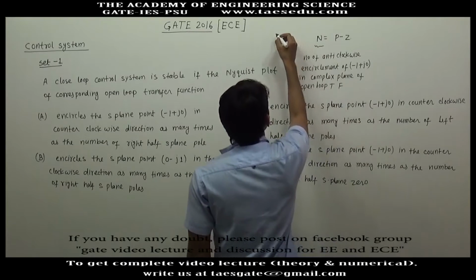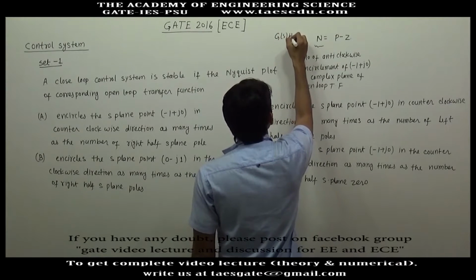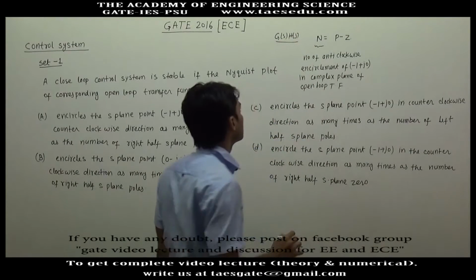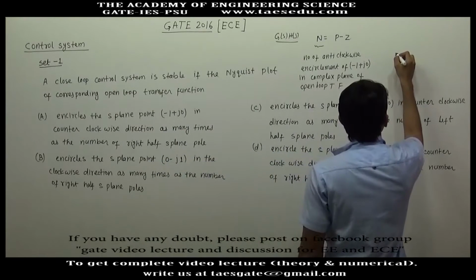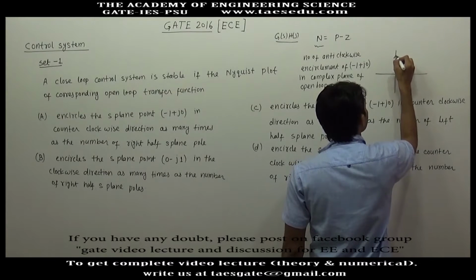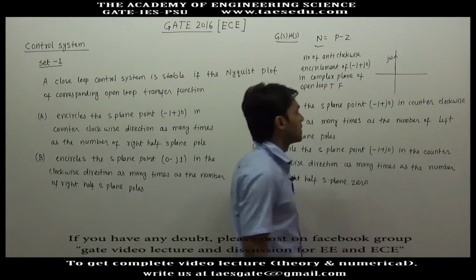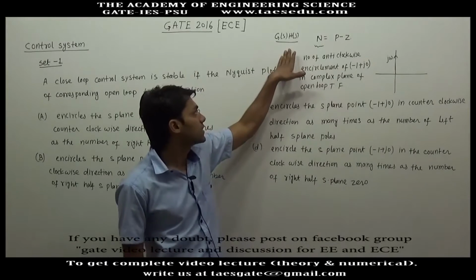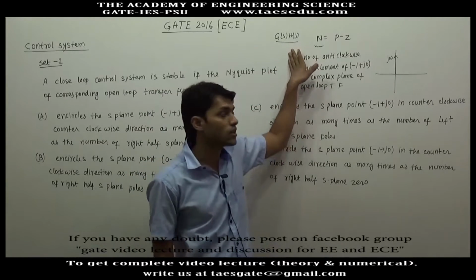So you have G(s)H(s). In S plane we move from 0 to infinity on the j omega axis, and the corresponding plot we get in the G(s)H(s) plane is called the polar plot.